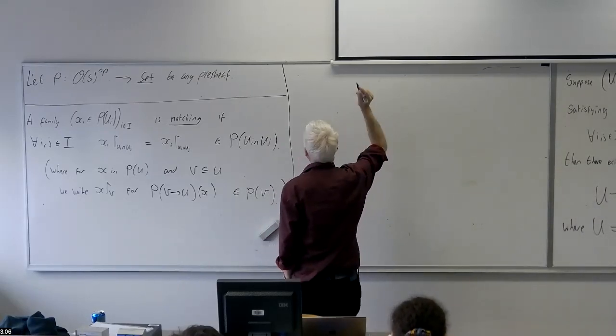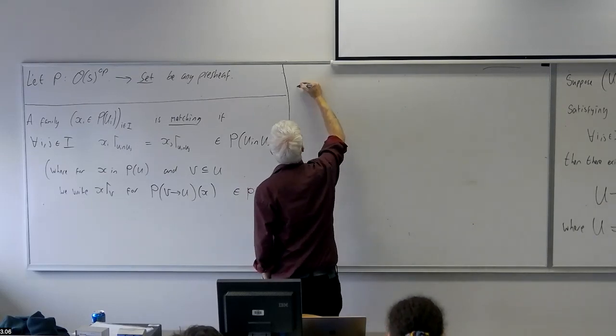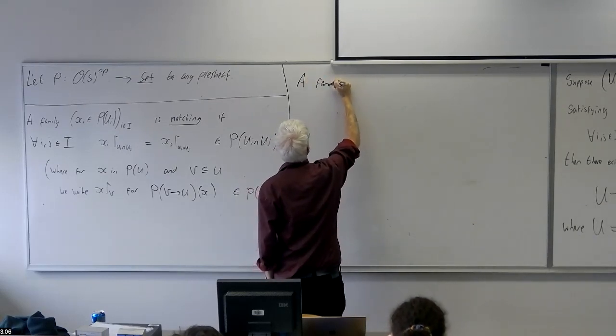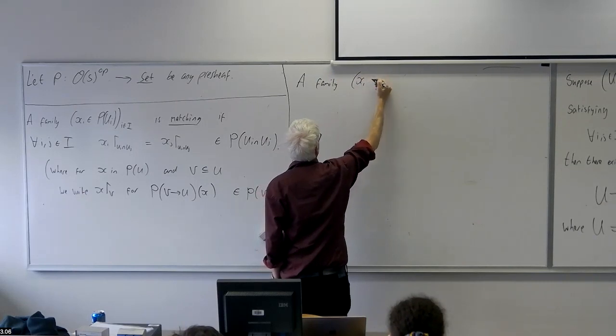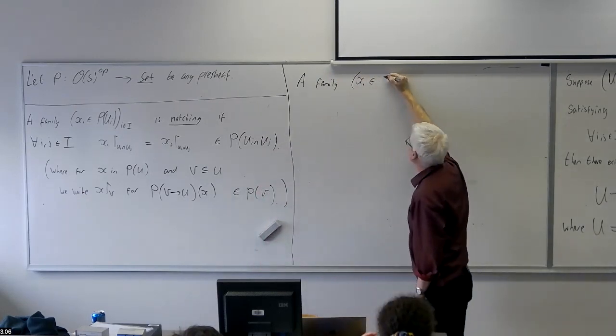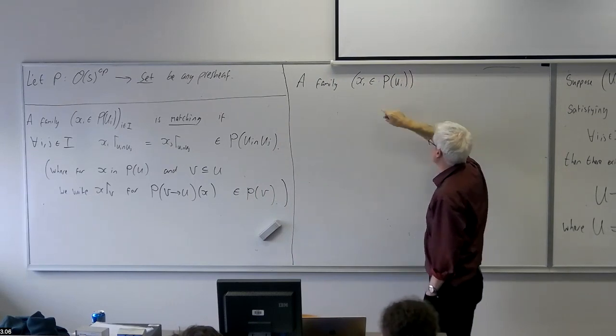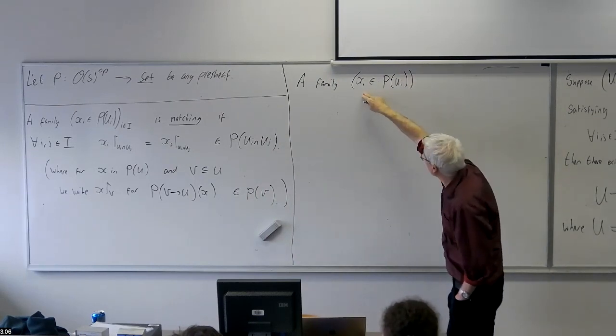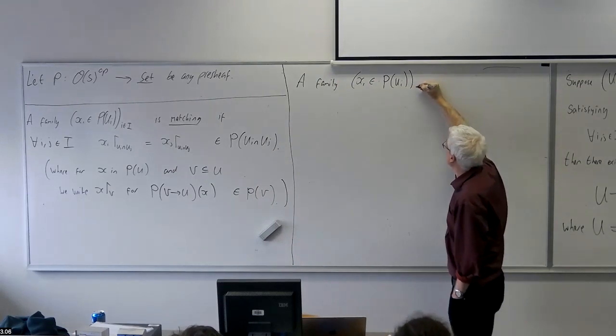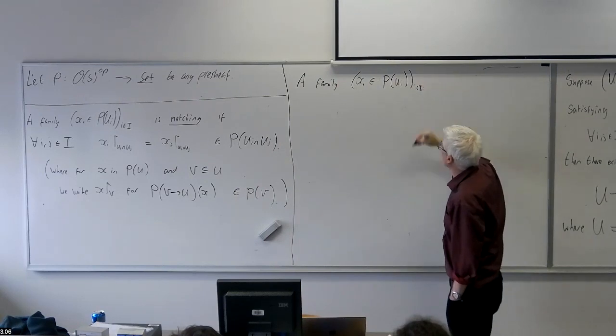So, a family of elements xi from a family of opens Ui. We'll be considering for each Ui an element of that pre-sheaf at Ui, xi. So again, we've got some index family here.